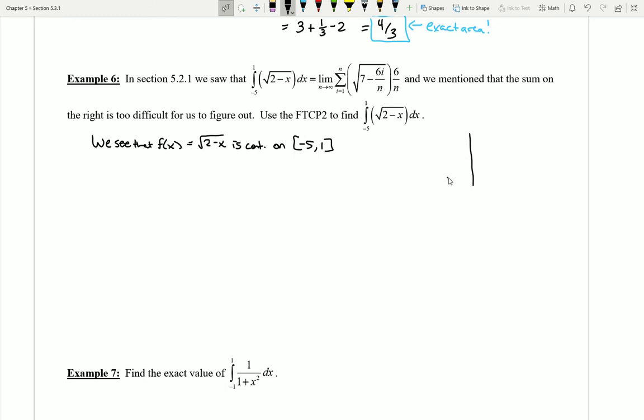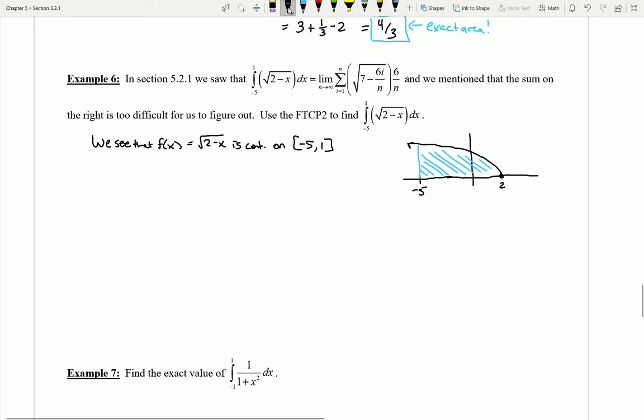And so you might recall that this is going to be a picture that looks something like this. Over here at 2, I hit 0. And then I'm moving in a square root function fashion kind of backwards like this. And so the area that I'm looking for underneath my curve is this space here.